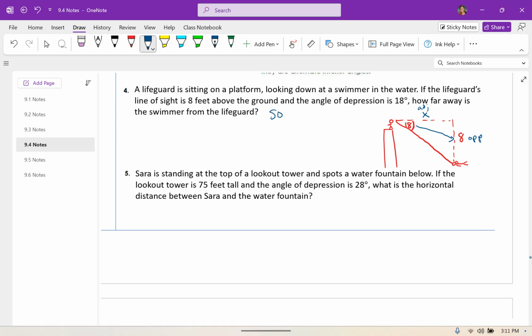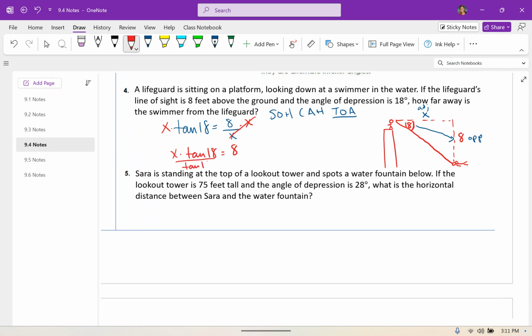So I'll write SOHCAHTOA. Opposite and adjacent is tangent. So tangent of the angle equals opposite over adjacent. And let's solve for x. So x times tangent of 18 equals 8.